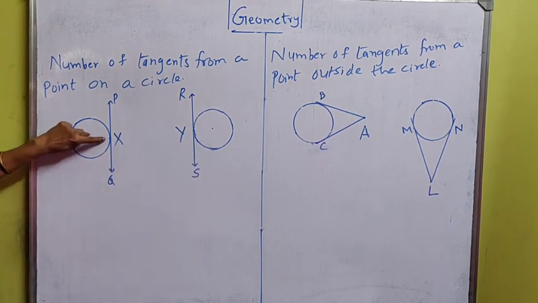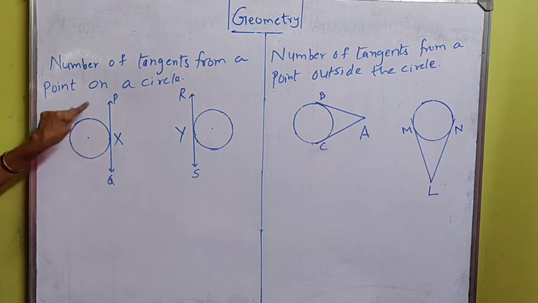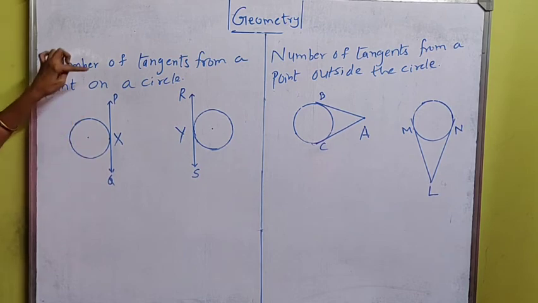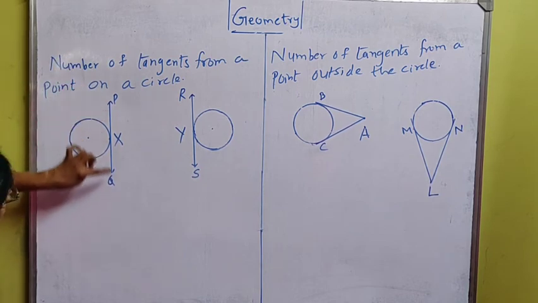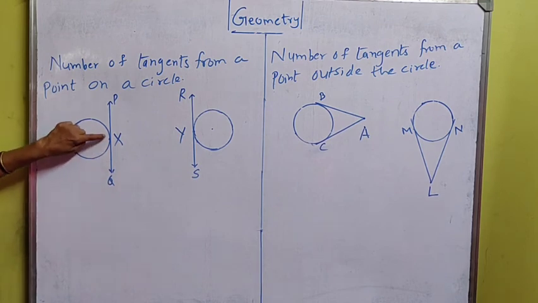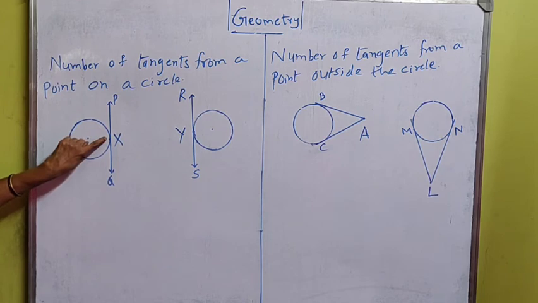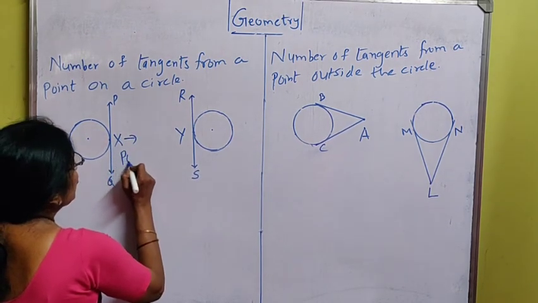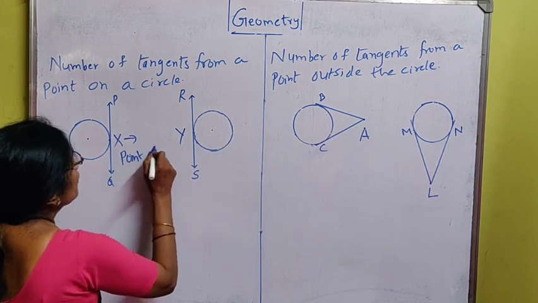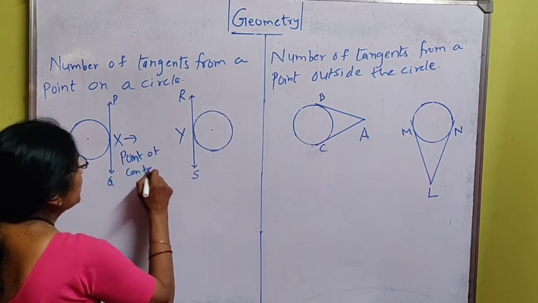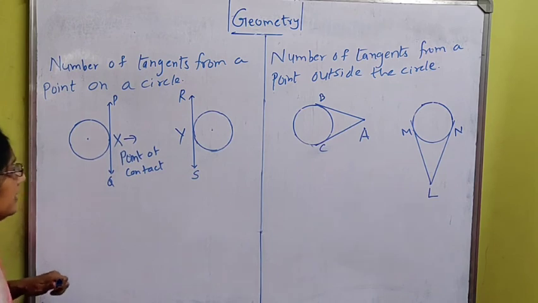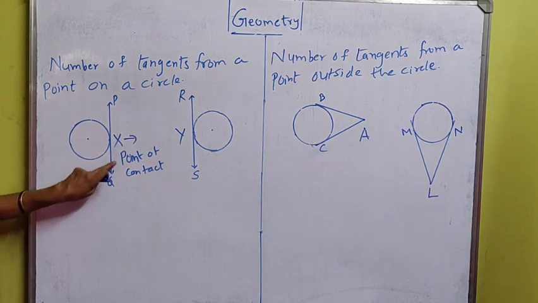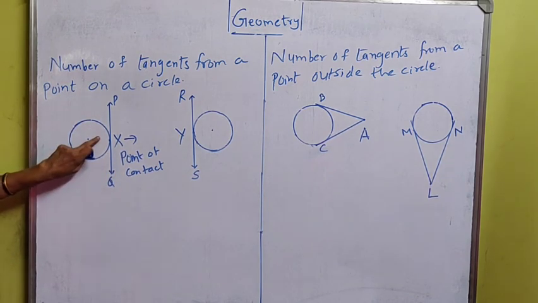See, here X is a point on the circle. So you have to draw a line which passes through X. PQ is the line I have drawn which passes through X, and X becomes the point of contact. Very important. If PQ is passing through the point of contact, it becomes a tangent.